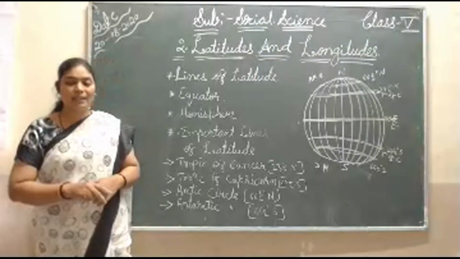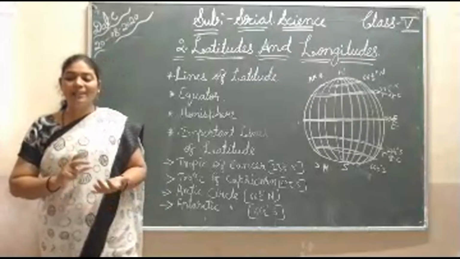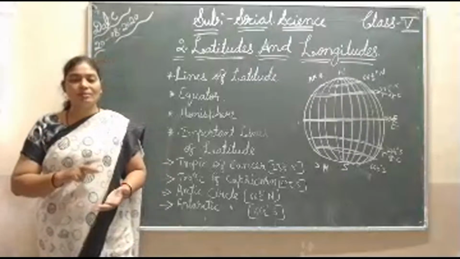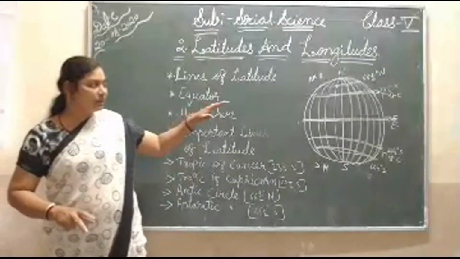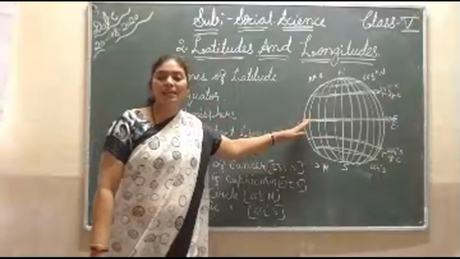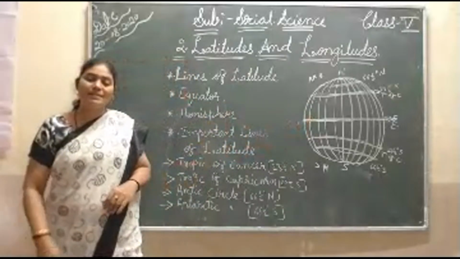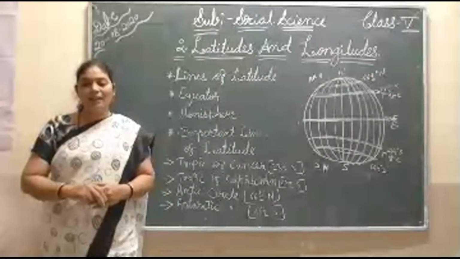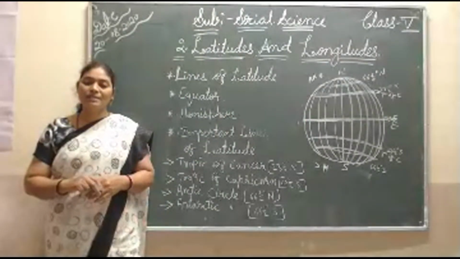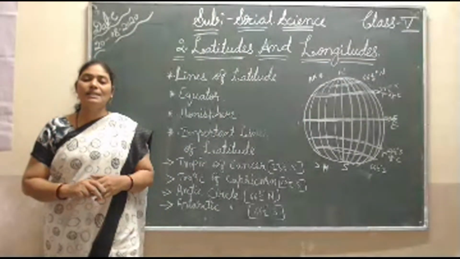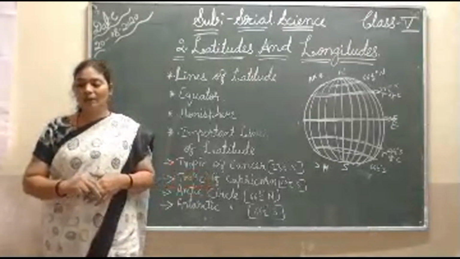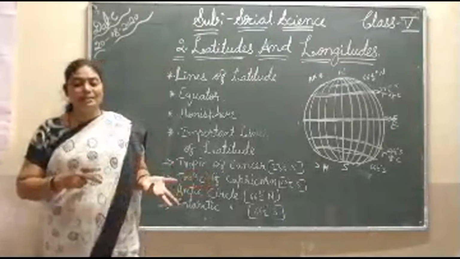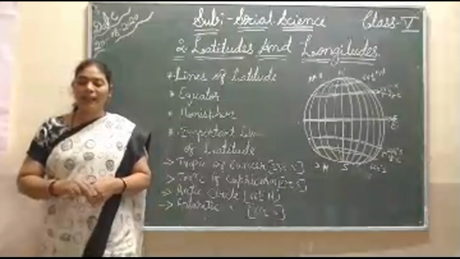So once again I will say, listen: more than 70%, means 70%, in 100% of the world, 70% is water, 30% is land. So that land is called the continents and the 70% water is called the oceans. Means they are called the water bodies and landmass. The continents are called the landmass.